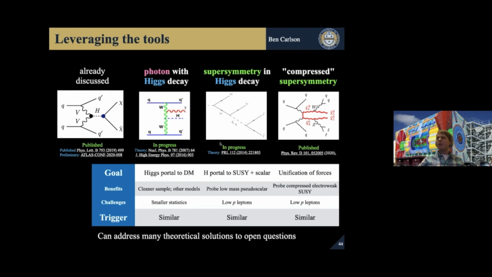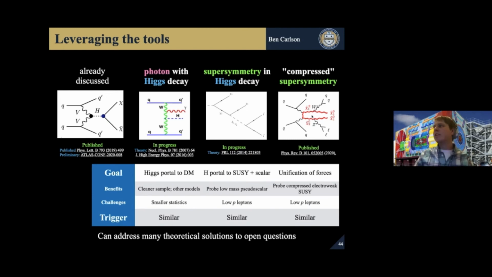You can also have more complicated theories, such as supersymmetry. This can lead to cascade decays, where there's invisible particles from the Higgs and other standard model particles, such as electrons and muons. That's also something that has been discussed and proposed that is in progress now. And then you can do something a little bit different, where instead of making a Higgs and asking if it decays, you can say, well, let's suppose that I produce a supersymmetric particle.